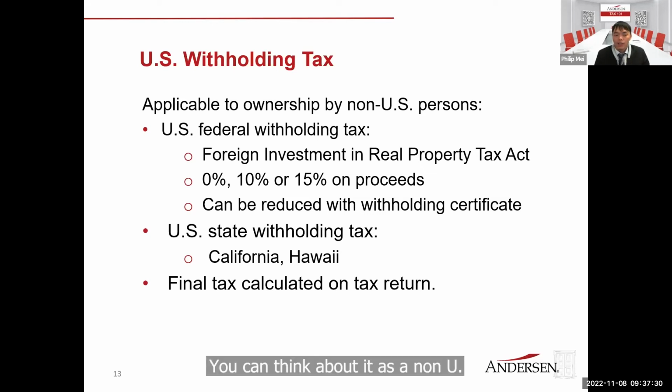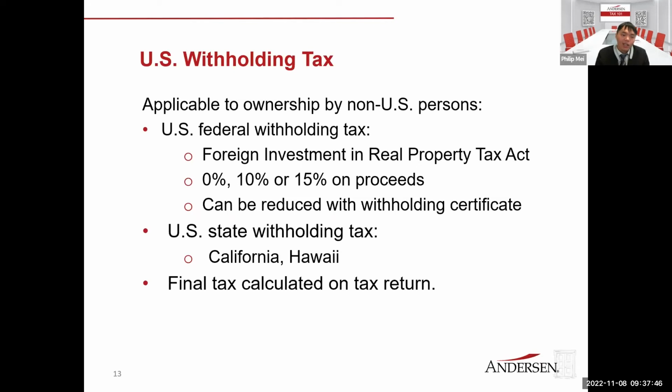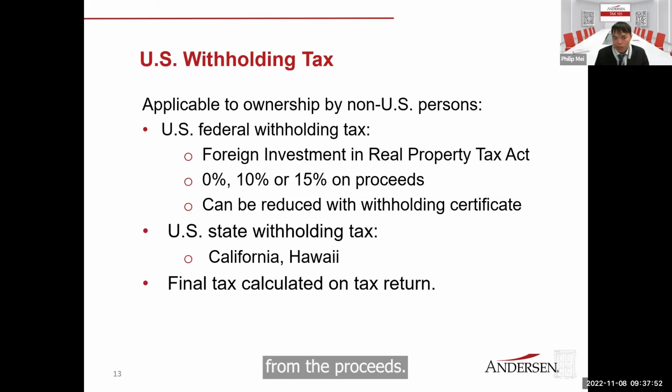You could think of it as this: when a non-US person sells a US real property, the IRS really tries to make sure that person is still paying the tax. So they impose the obligation when the transaction happens. Whoever the buyer of the property is is supposed to withhold tax from the proceeds.